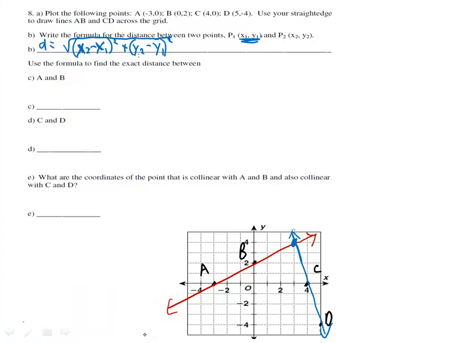So here we've got AB, and they want the exact distance, by the way, and we'll talk about that when we get there. If I take the x-coordinates, I've got 0 minus -3 squared plus 2 minus 0 squared.